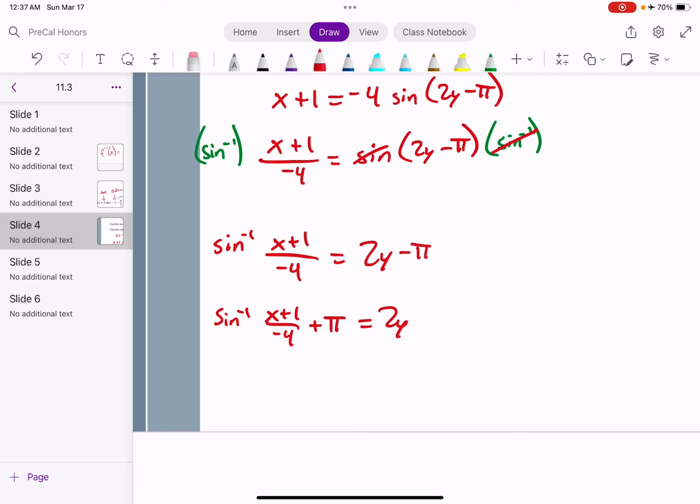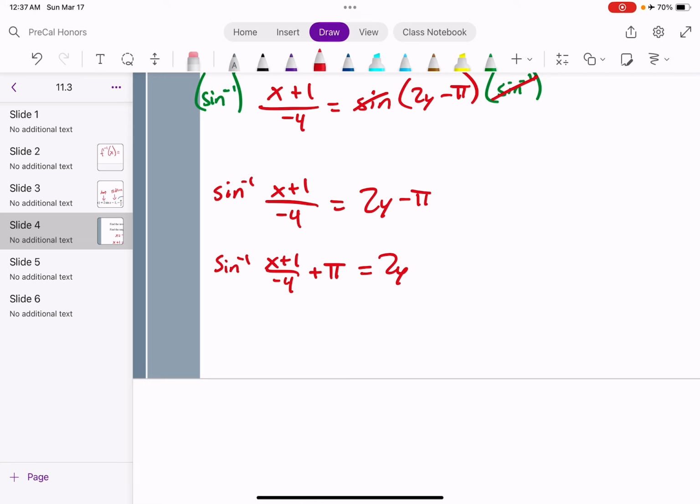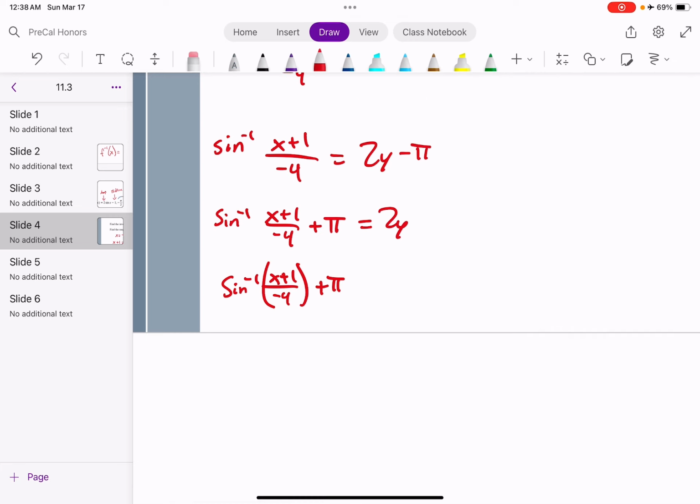And we're then going to divide both sides by 2. Inverse sine of x plus 1 over negative 4, plus pi, all divided by 2, is equal to y.